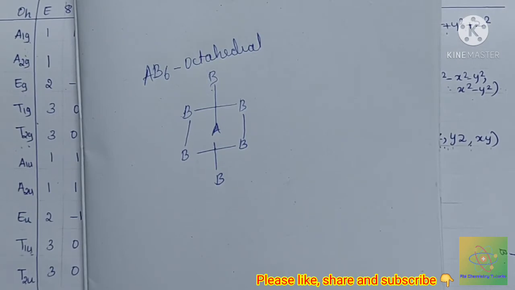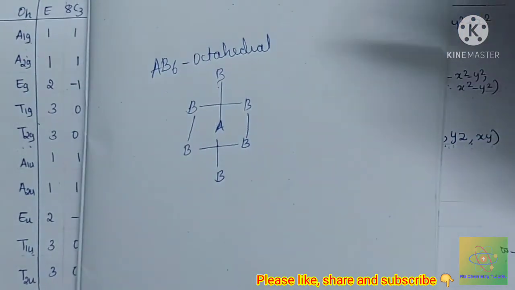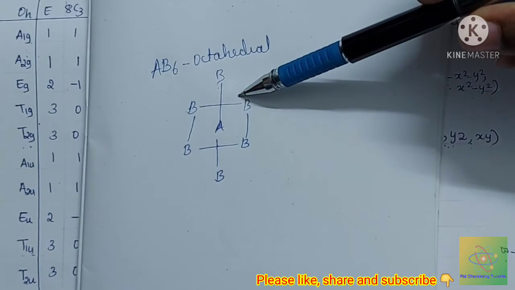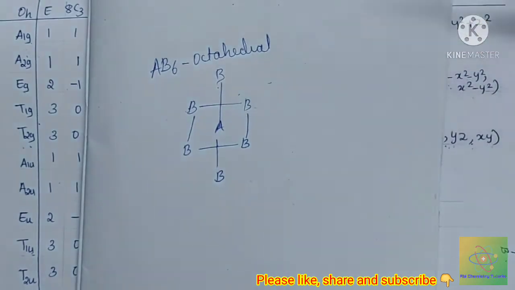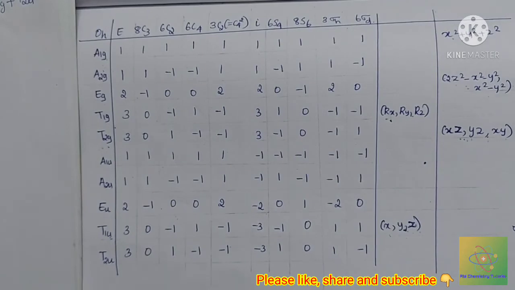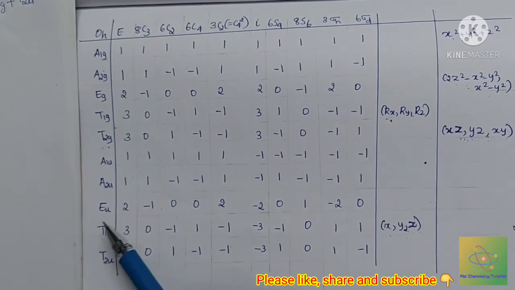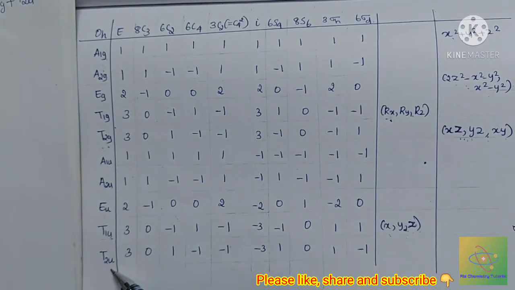So let's get started. This is the common structure of these AB6 type molecules, a symbol representation. This is the character table of the octahedral point group, that is OH point group. So we have a lot of irreducible representations: A1G, A2G, EG, T1G, T2G, A1U, A2U, EU, T1U and T2U.